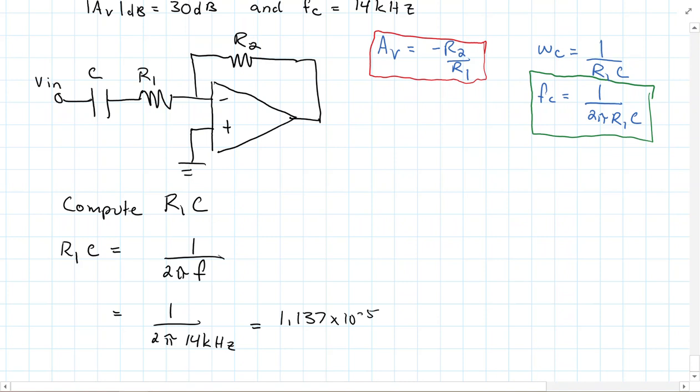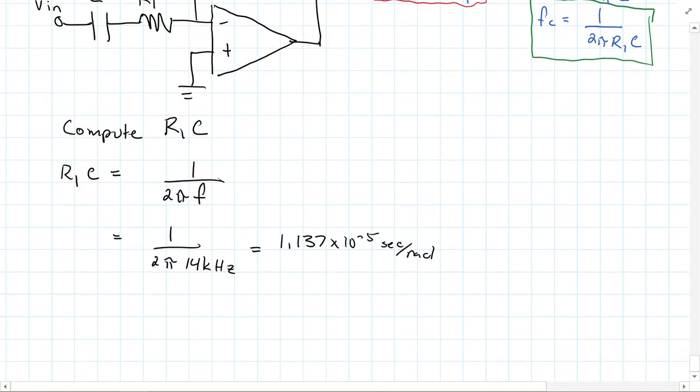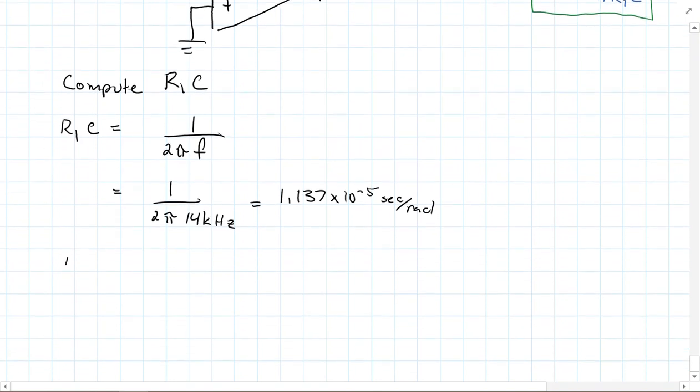Technically this is in seconds per radian. Now I'm going to convert that to engineering notation. I prefer things in engineering notation. It's just the Windows calculator doesn't do that automatically for me.